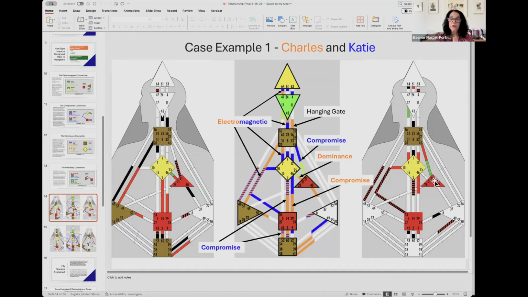Why? The 45-21 is the only channel in the whole body graph that goes directly from the throat to the heart itself. Therefore, it's the way we take in the life-giving oxygen that then circulates through the body.